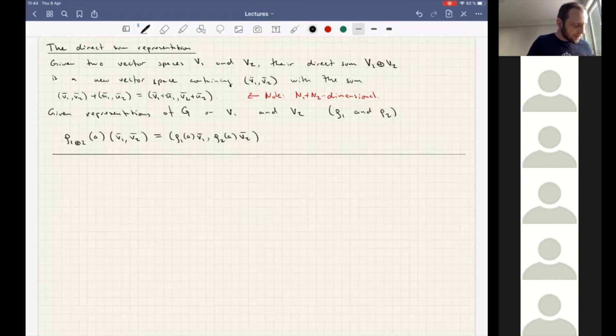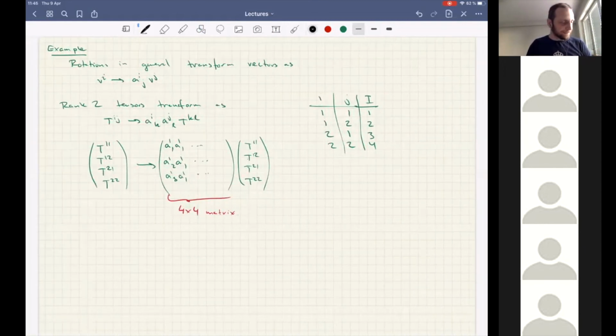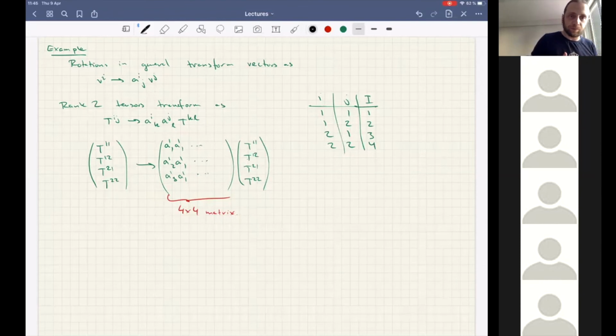There is an example of this in the chapter on group theory in my book. In the case of two-dimensional rotations that we saw before, all of the matrix elements here are generally going to be non-zero.